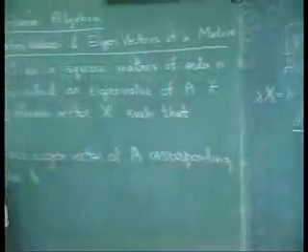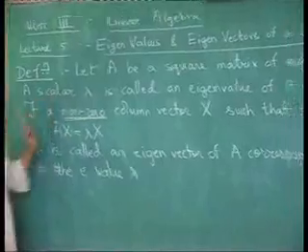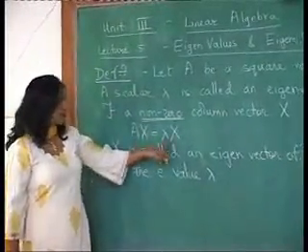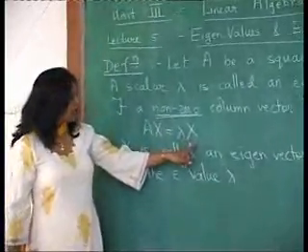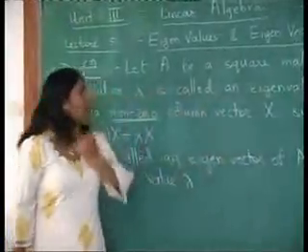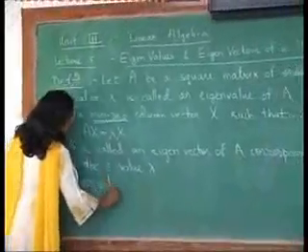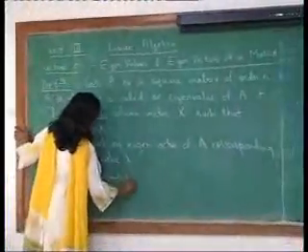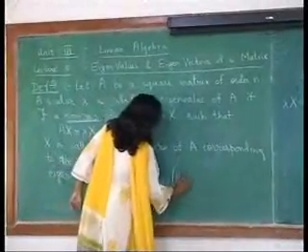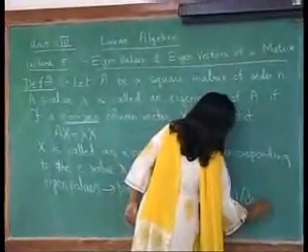So the definition is a scalar lambda will be called an eigenvalue of A if there is a non-zero x which will satisfy this equation, and such an x is called an eigenvector of A. Other names for eigenvalues are proper values, or we can call it a latent root, or even a characteristic root.